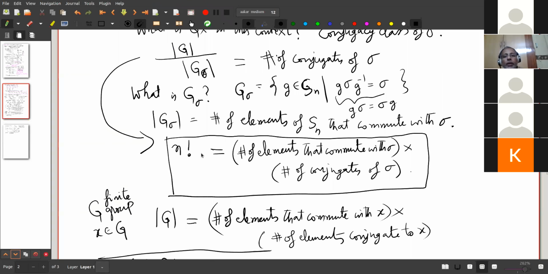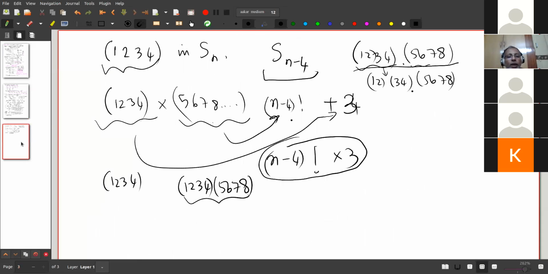Using that, combined with our previous exercise about computing the number of elements that are conjugate to X, we can compute the number of elements that commute with X. The question was how to do this directly, but that may be a little difficult, though you are welcome to try.